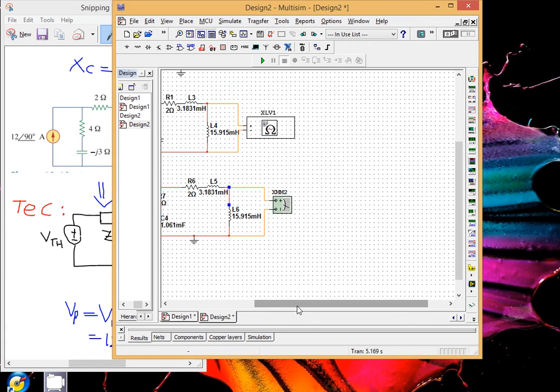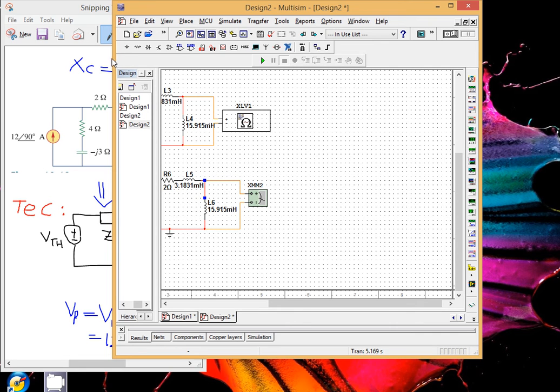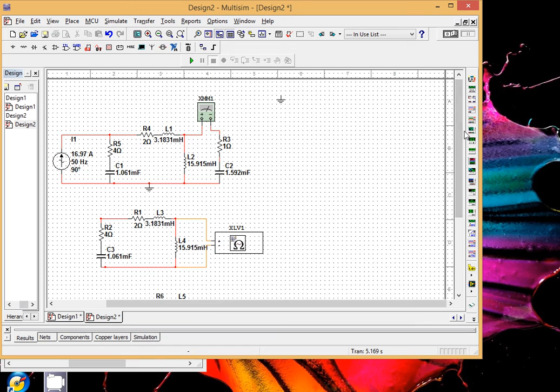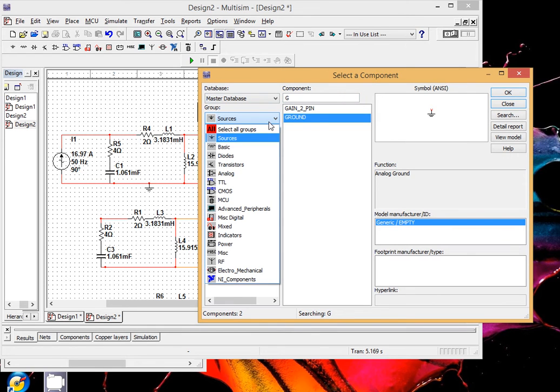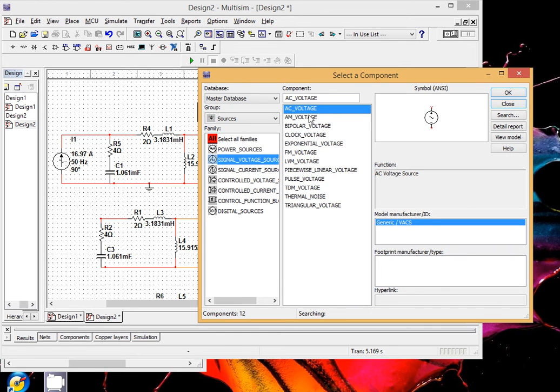Okay, so next step is to draw your equivalent circuit. So you can find where you need to have your current source, voltage source.